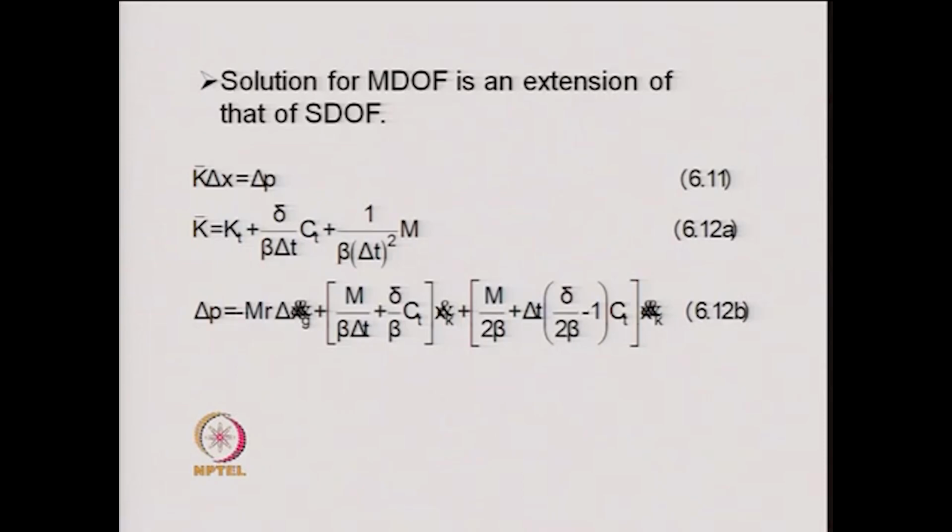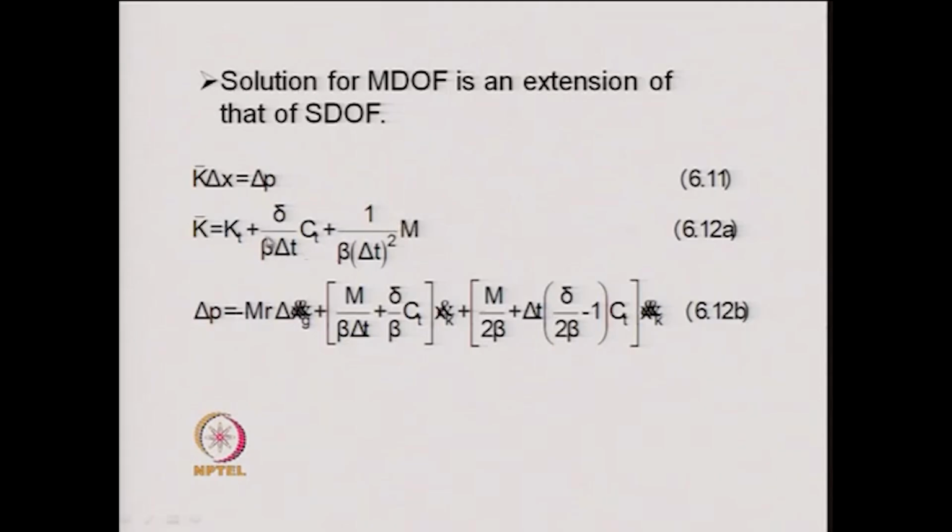The k bar matrix is given in equation 6.12a, consisting of kt, ct and m. Kt is the stiffness matrix at time t, Ct similarly is the damping matrix, and M is the mass matrix.